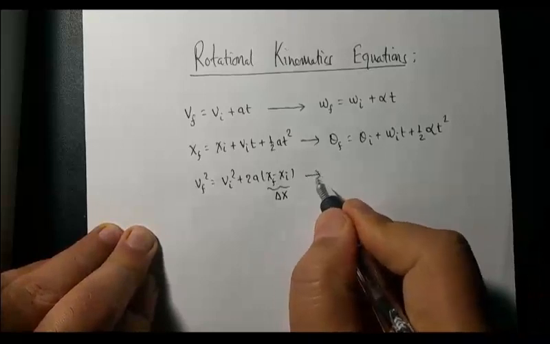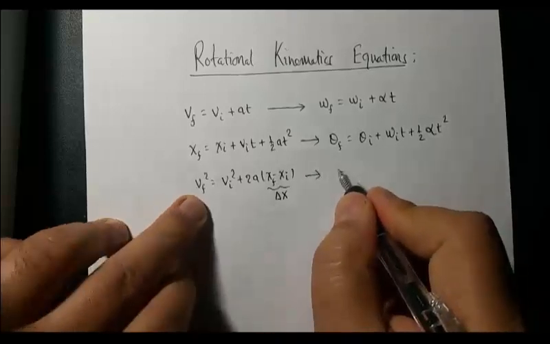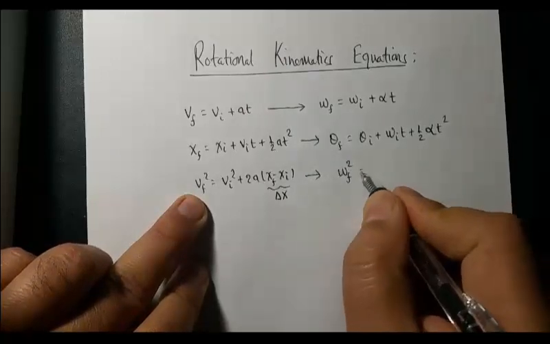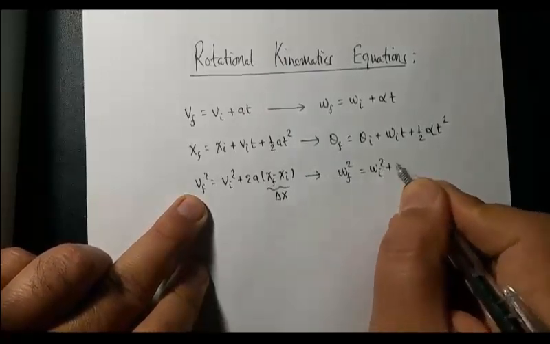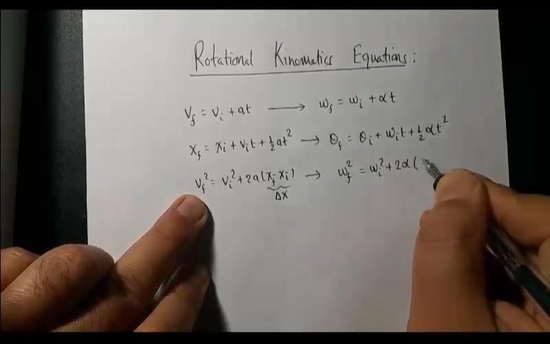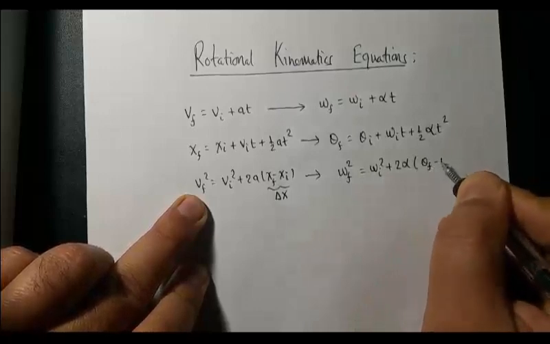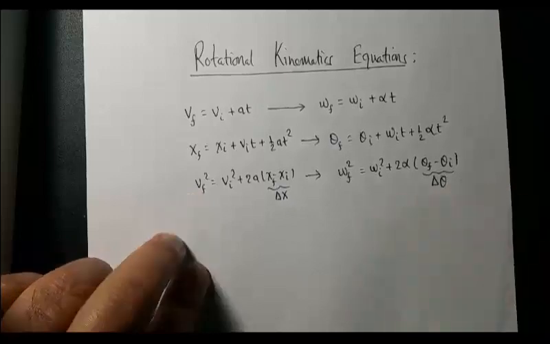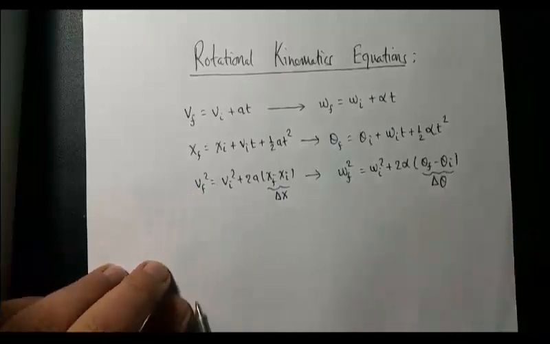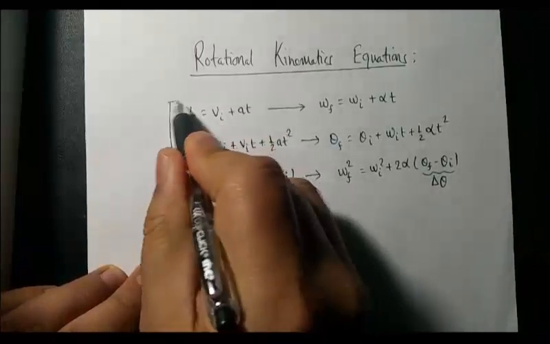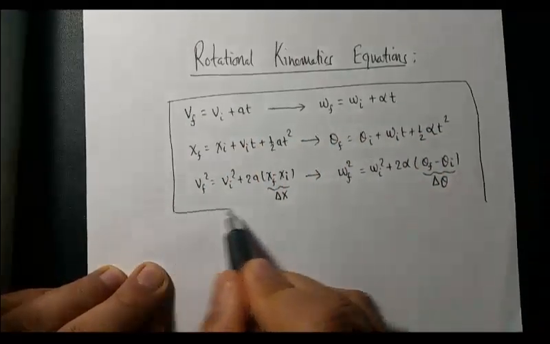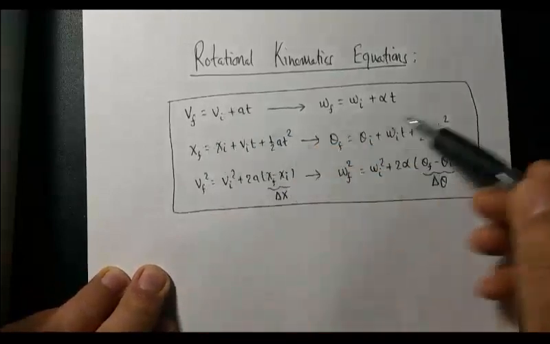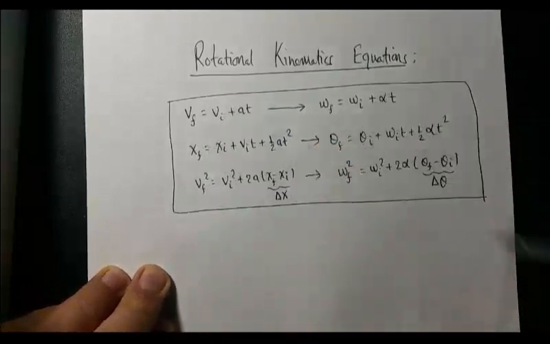This translates into final angular velocity omega squared equals omega initial squared plus 2 alpha times (theta final minus theta initial), and that's the total angular displacement. So these are the kinematic equations in translational linear motion and in rotational motion.